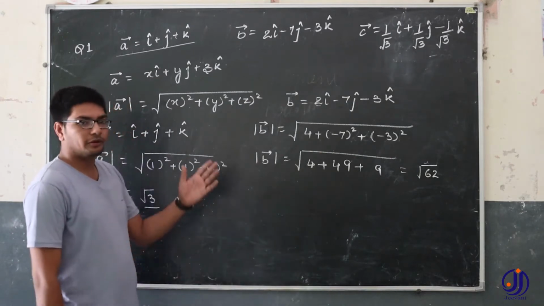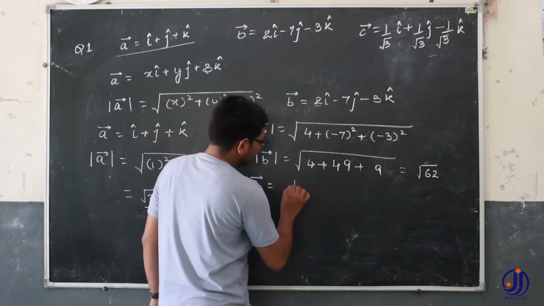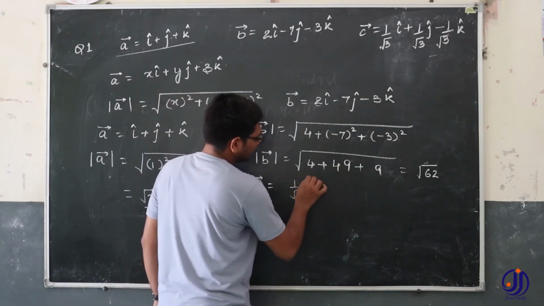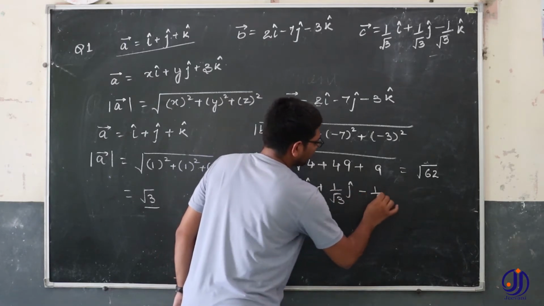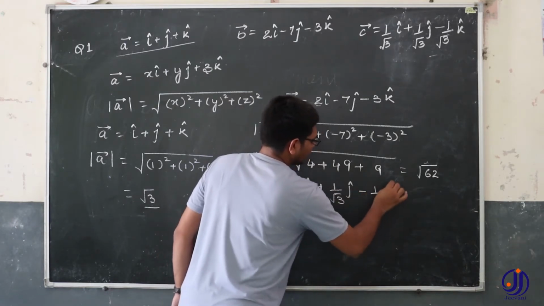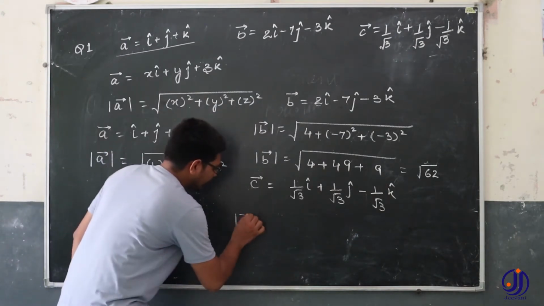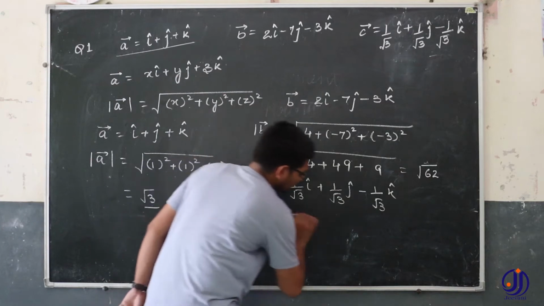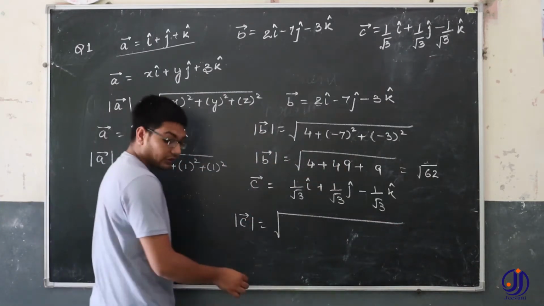And similarly for vector C, where vector C is written as 1 by root 3 i cap plus 1 by root 3 j cap minus 1 by root 3 k cap. Okay, so writing the magnitude of vector C as the square of x component, where x component is 1 by root 3, let us square it.